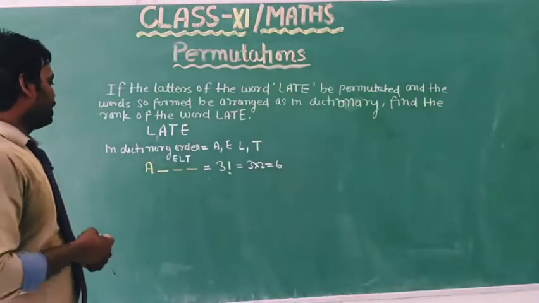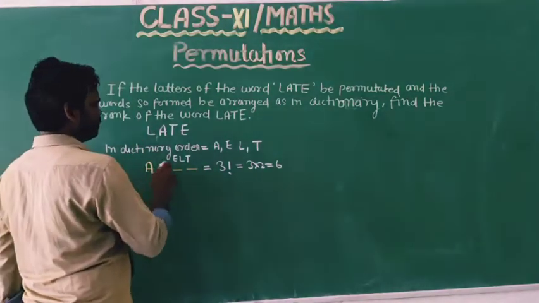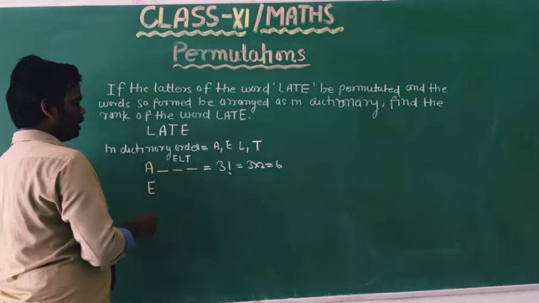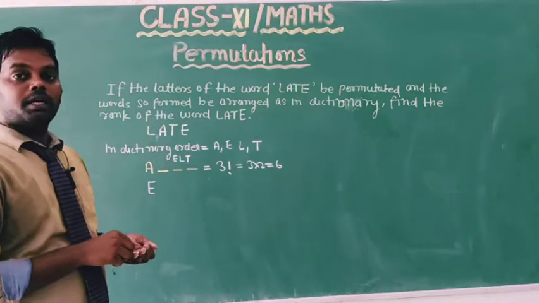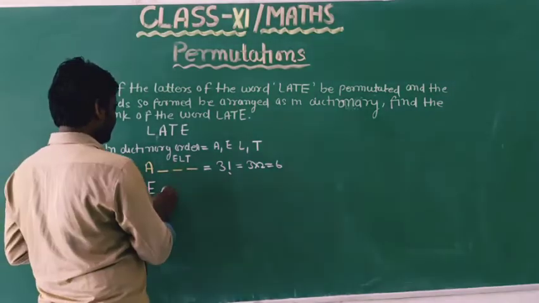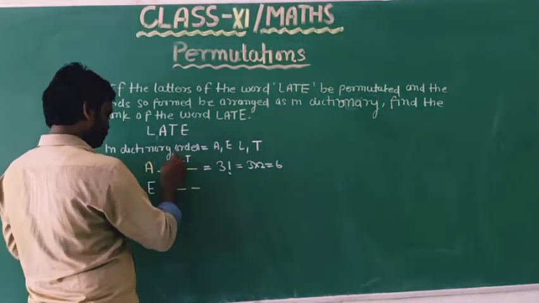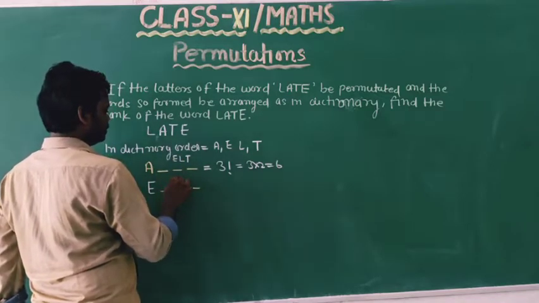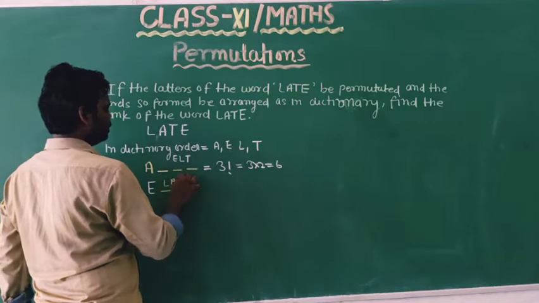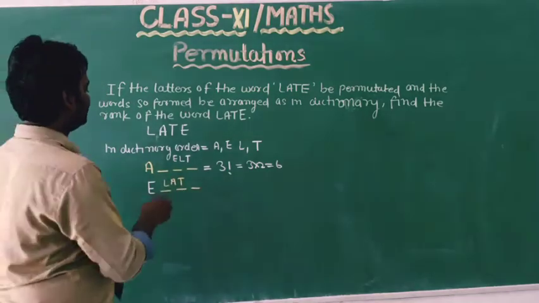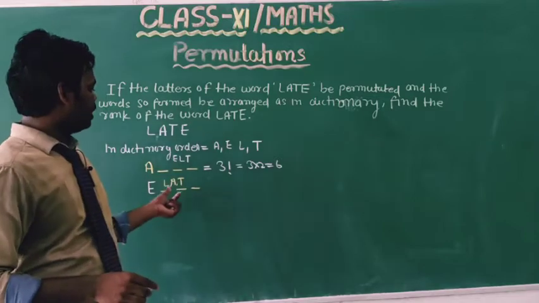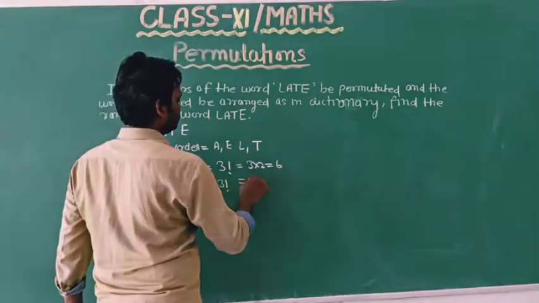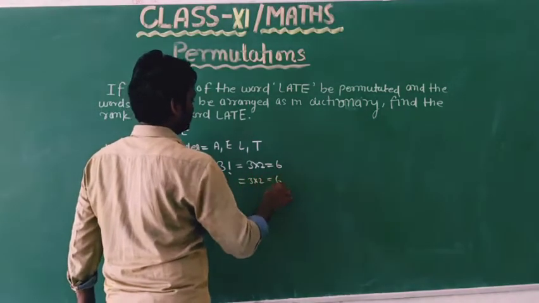Second, after A will come E. Here we fix E, and the remaining letters are A, L, T, arranged in 3 places, again factorial 3, which is equal to 6.